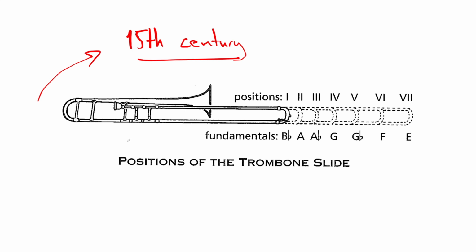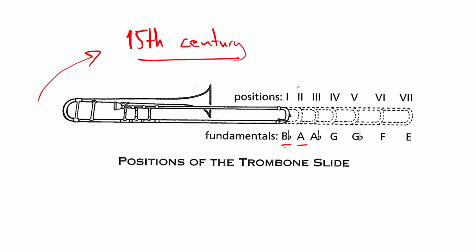As you know, the trombone doesn't have a valve mechanism. Instead of this, it has a slide, which does the same job actually. It makes the tube longer or shorter. So, we have 7 different positions, each of which gives a different fundamental pitch.